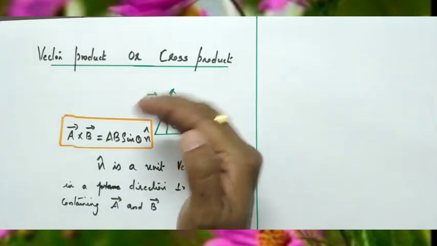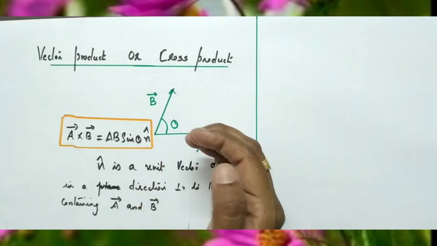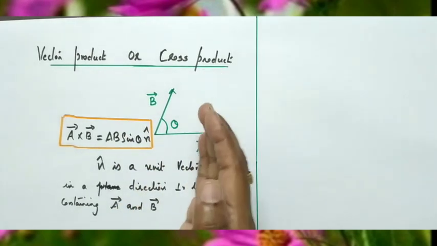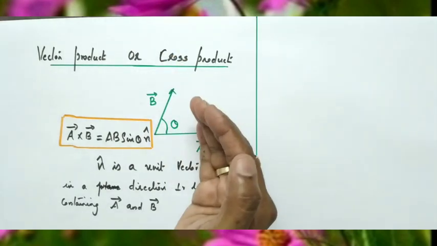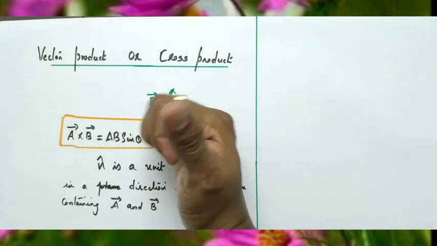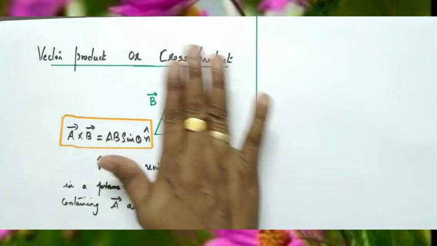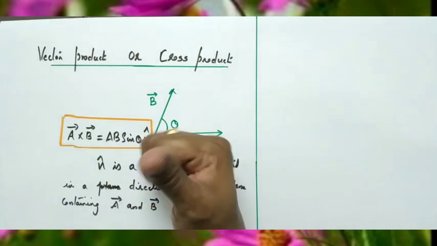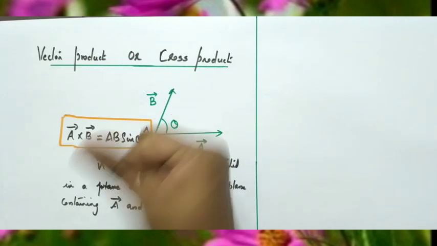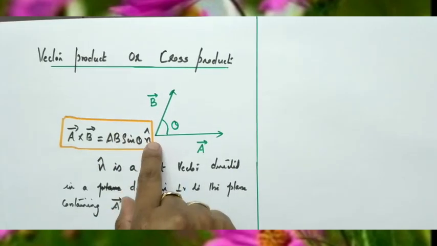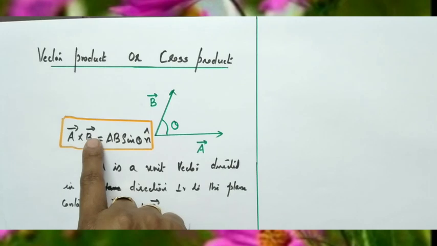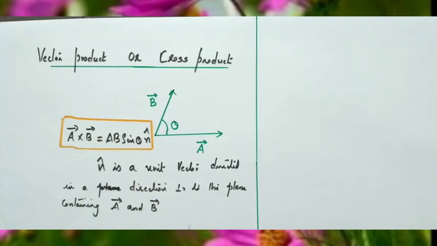So the direction of n cap or A cross B is given by which rule? Right hand thumb rule.